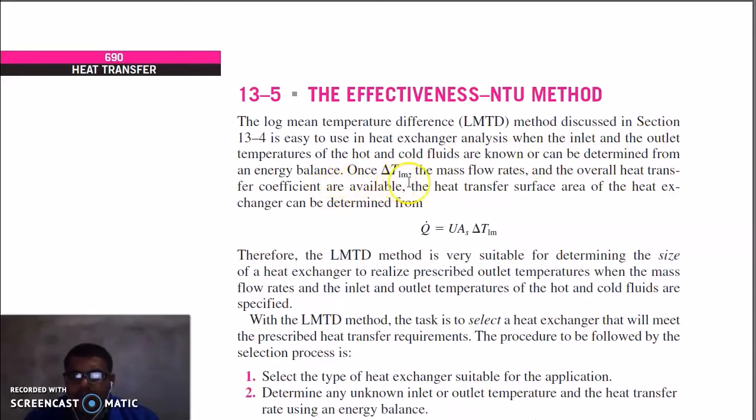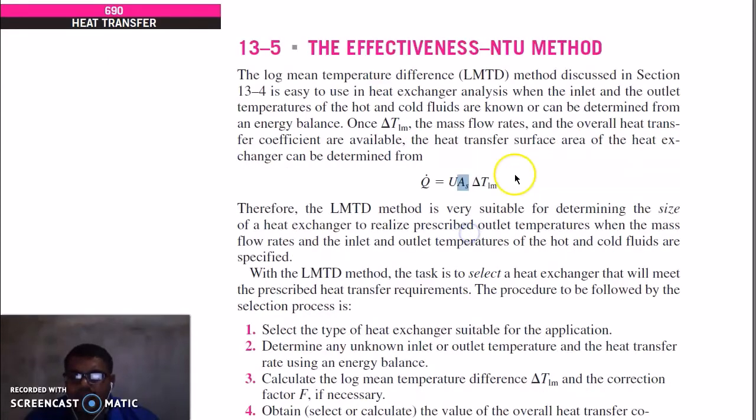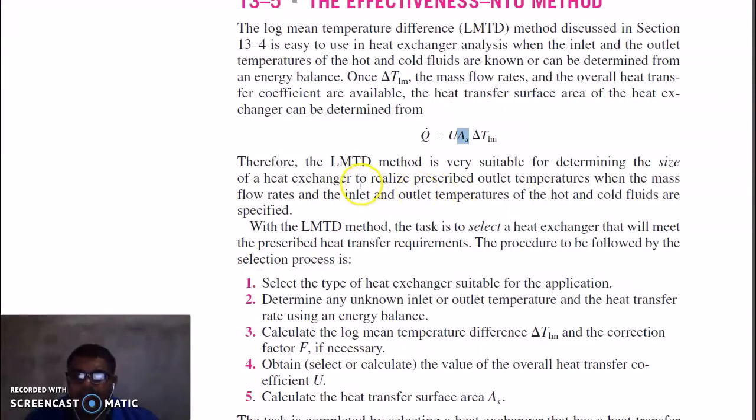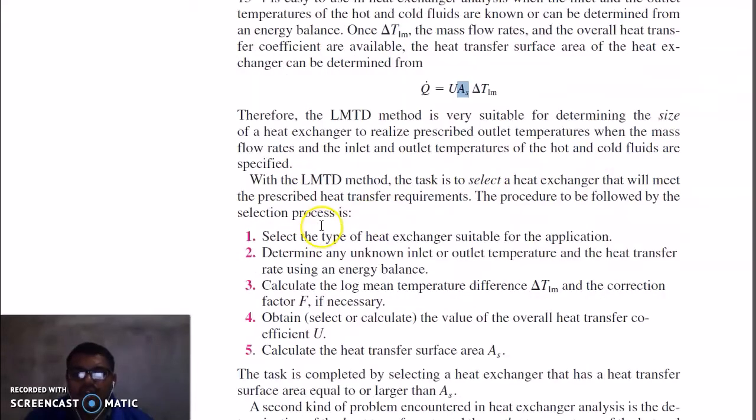Once delta T logarithm mean temperature, the mass flow rate and overall heat transfer coefficient are available, meaning Q, U and delta TLM are available, you can find the area of the heat exchanger. Once you know the area, you can design or find a suitable heat exchanger for your application. Therefore, the LMTD method is very suitable for determining the size of a heat exchanger to realize prescribed outlet temperatures when the mass flow rate and the inlet and outlet temperatures of hot and cold fluids are specified.